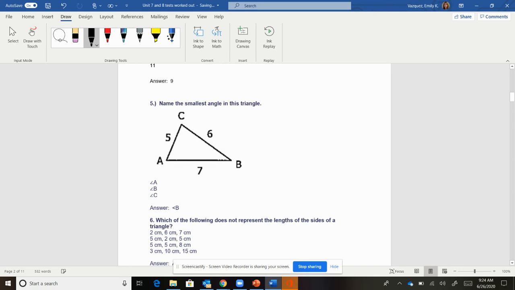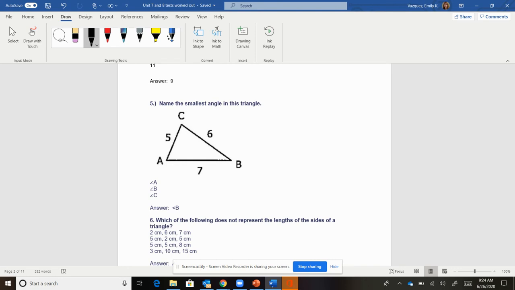For number 5, you were asked to name the smallest angle. So when you're talking about the measurements of angles from smallest to largest, the smallest side corresponds to the opposite angle. So for example, if I was asking for the largest angle here, I would find the largest side, which was 7.